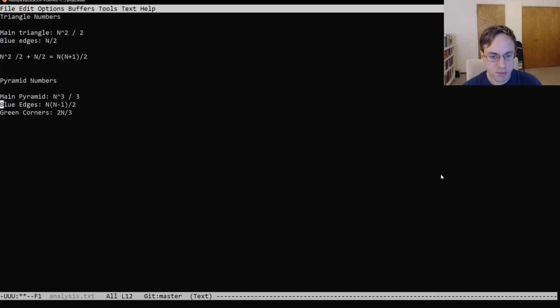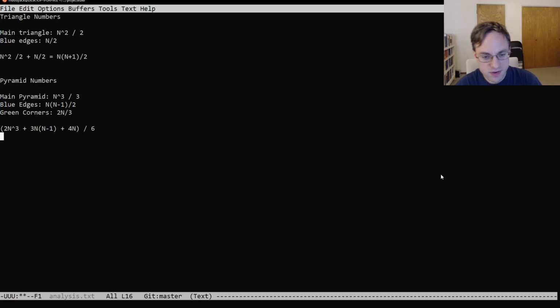Just to clean things up a little bit, you'll notice that these two have a denominator of 3. This has a denominator of 2. So I'm going to change those all to have the same common denominator. So that's going to give us 2n cubed plus n minus 1, 3n times n minus 1, plus 4n, all over 6.